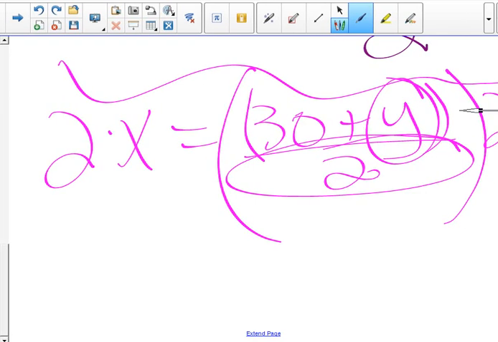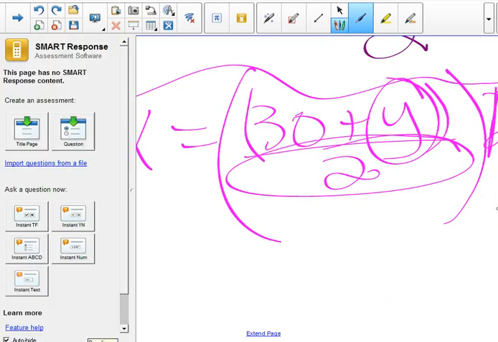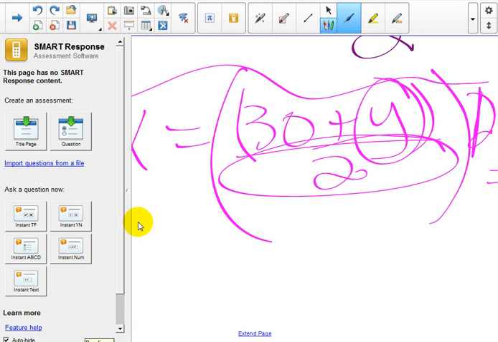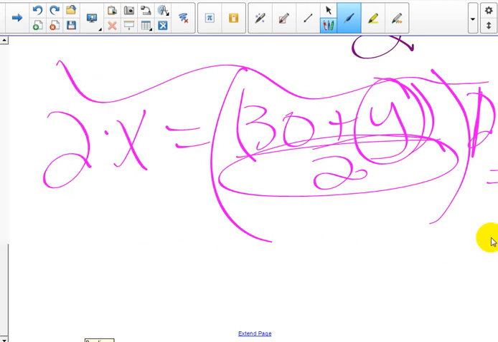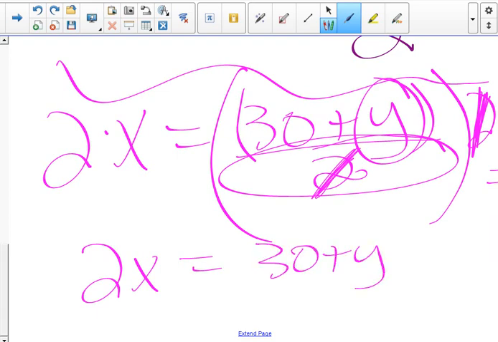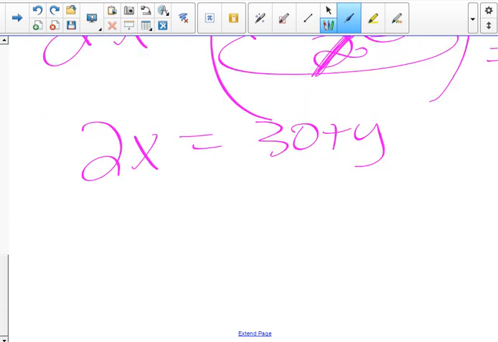And then that, whoa, I didn't mean to do that. There we go. Okay, so that goes away and this goes away. They cancel out. So now I'm just left with 2x equals 30 plus y. Now I'm still solving for y in terms of x. So I have to get rid of this 30.